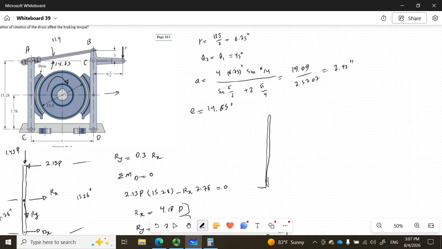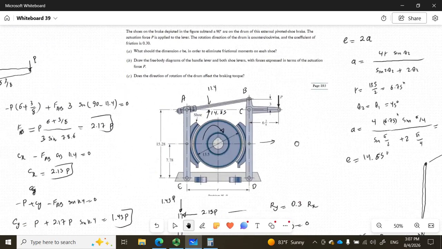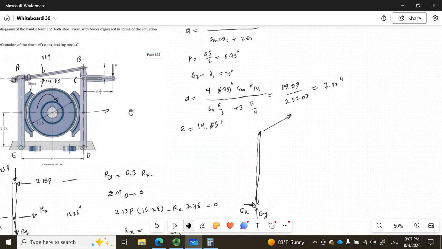So we have here, let's call this guy EX, and this one EY, and FAB. FAB is like this. How much was FAB, by the way? FAB was 2.17 times P. So 2.17 times P, we need to break it into two components like this too.